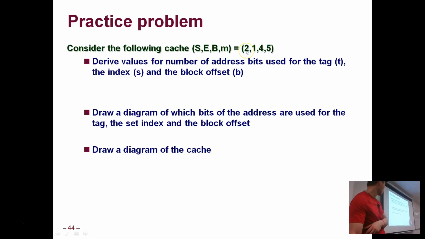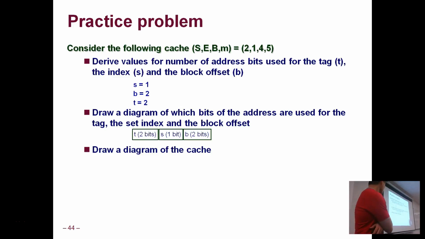And the number of bits in the tag is the total number of bits in the address, M, which is 5, minus the number of bits in the set, 1, and the number of bits in the block offset, which is 2. This is what it would look like: 2 tag bits, followed by a set bit, followed by 2 bits for the block offset.